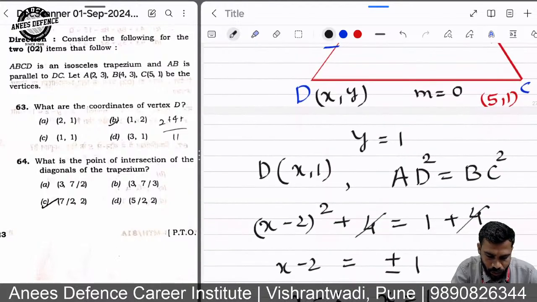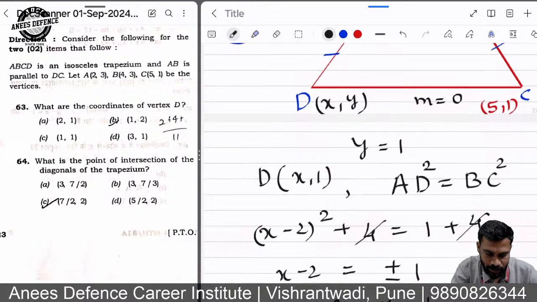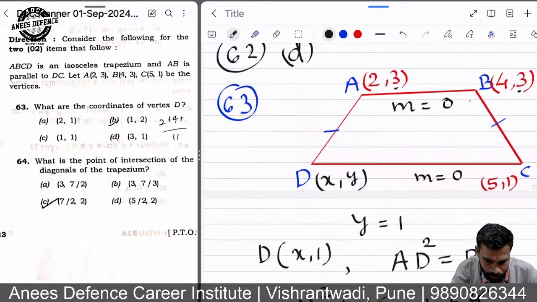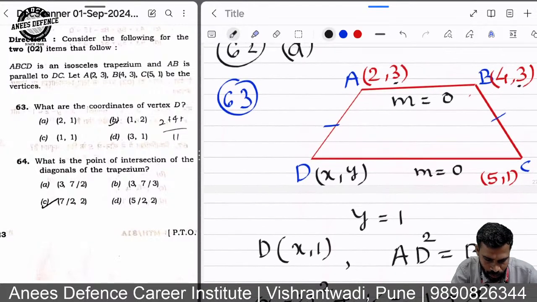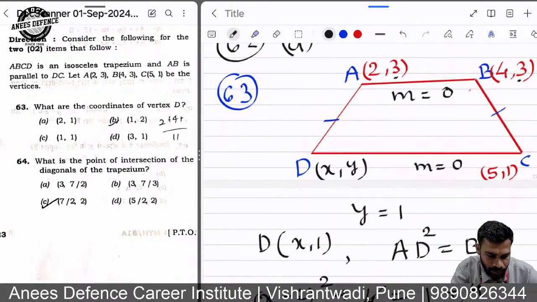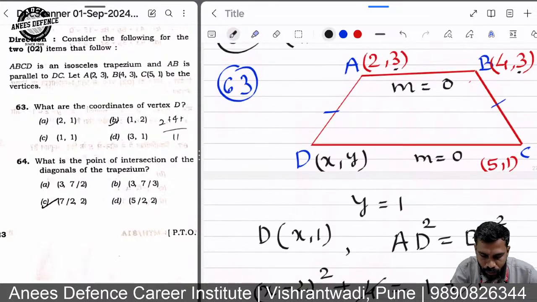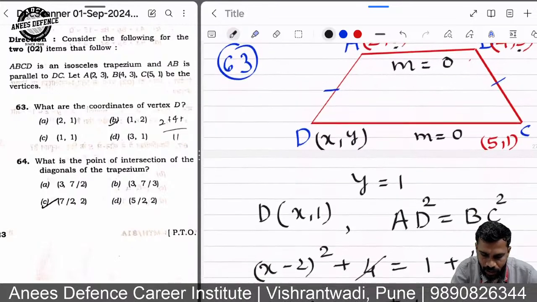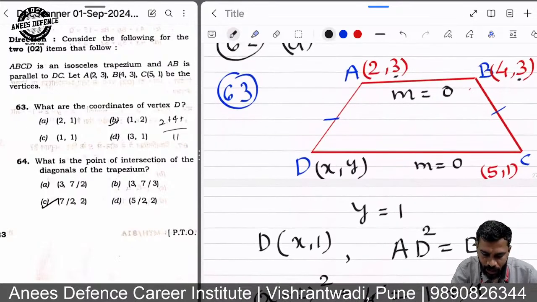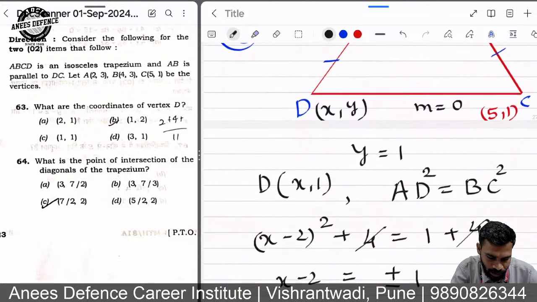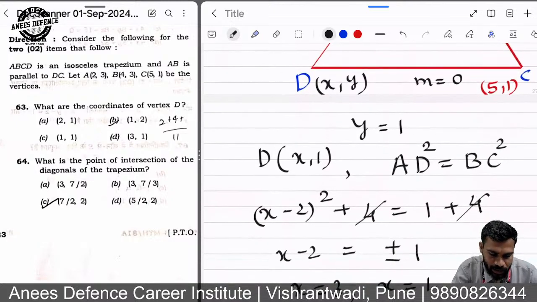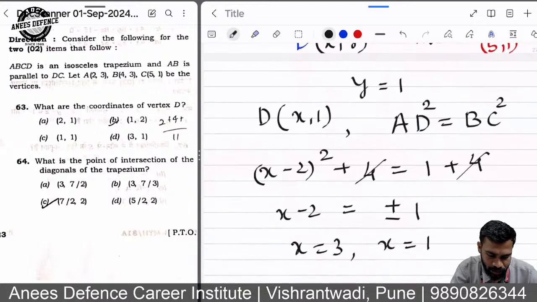So now (x minus 2) whole square plus (1 minus 3) whole square will give you 4, right? Now BC square will give you (5 minus 4), that is 1, and (1 minus 3), that is minus 2 whole square, 4. 4 and 4 will get cancelled. So we are left with x minus 2 is equal to plus minus 1.